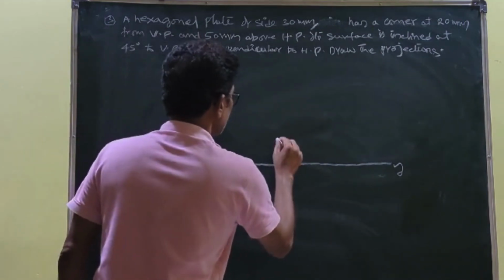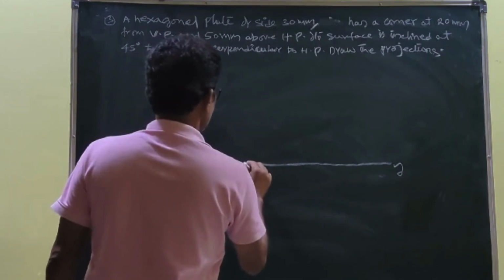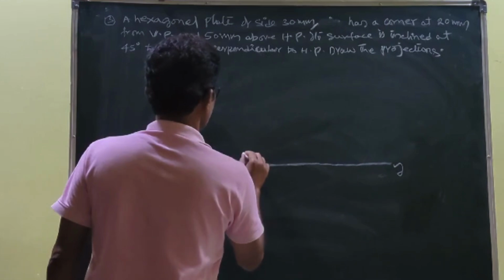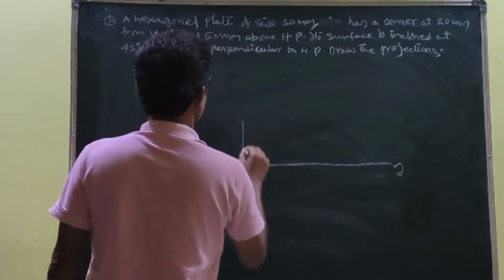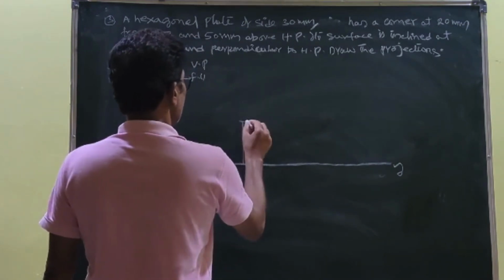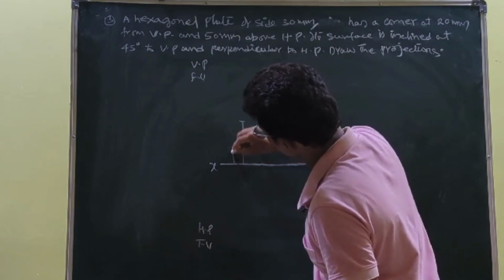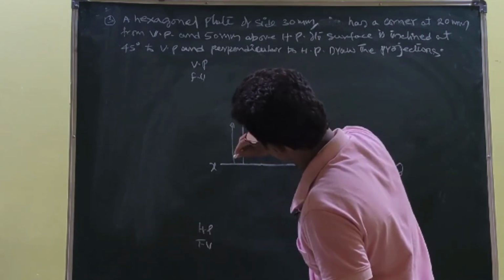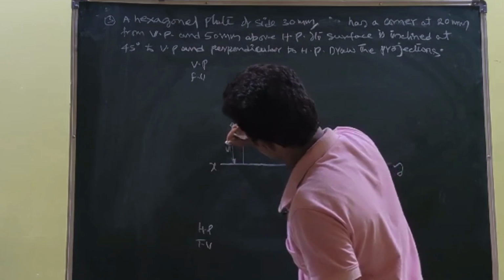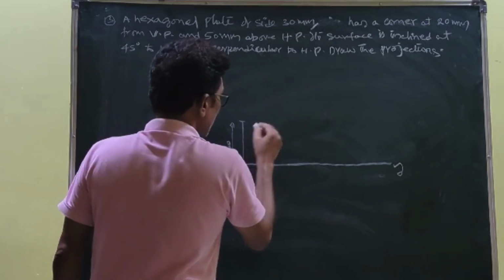So first you draw a line perpendicular to XY. This is the 50 above HP.